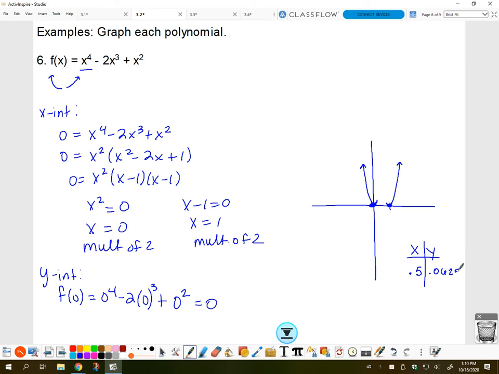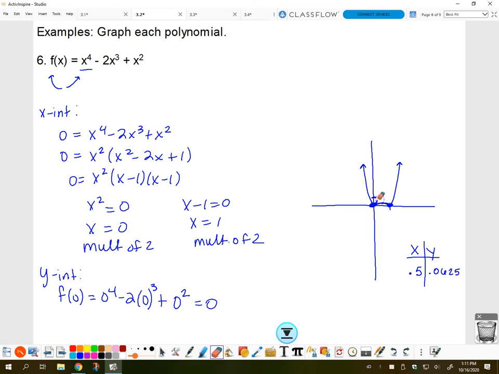Alright, according to my calculator, if you plug in 0.5, you're going to get 0.0625. And the reason I suggest you do it with that table feature is you'll already have it typed into y equals, and you can graph and make sure that you're right. So this barely makes a little hump in the middle.